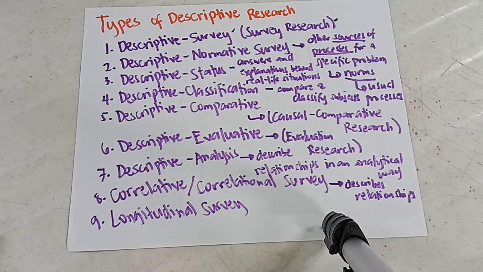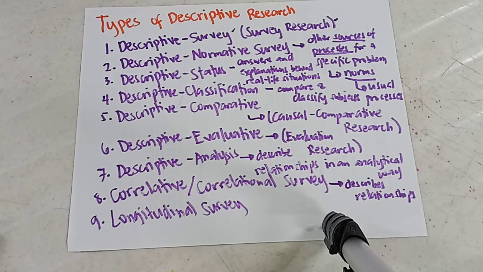Because descriptive research as a whole aims to describe, determine, and evaluate things, relationships, methods, processes, population, phenomenon, etc. So, in order for us to dissect each process, each thing, or each variable to be described, descriptive research is classified into different types.